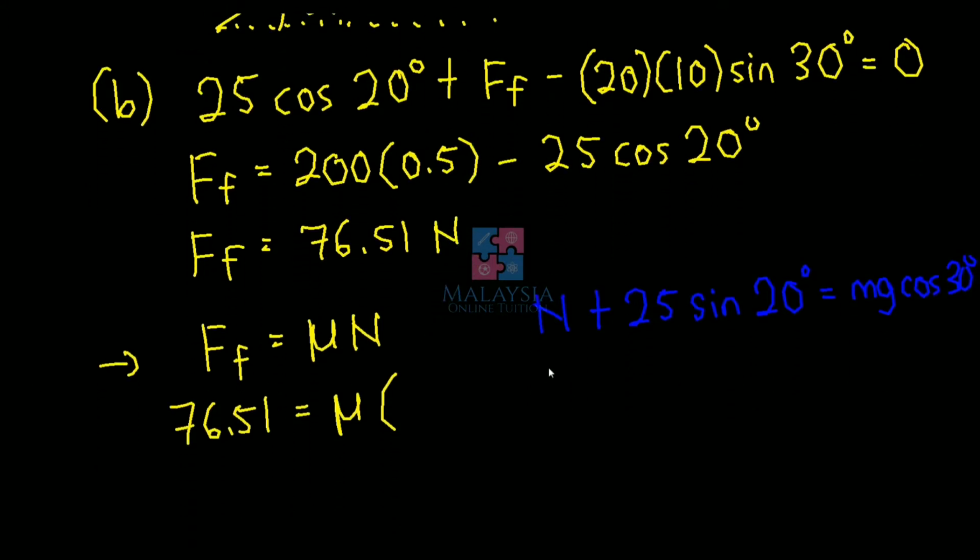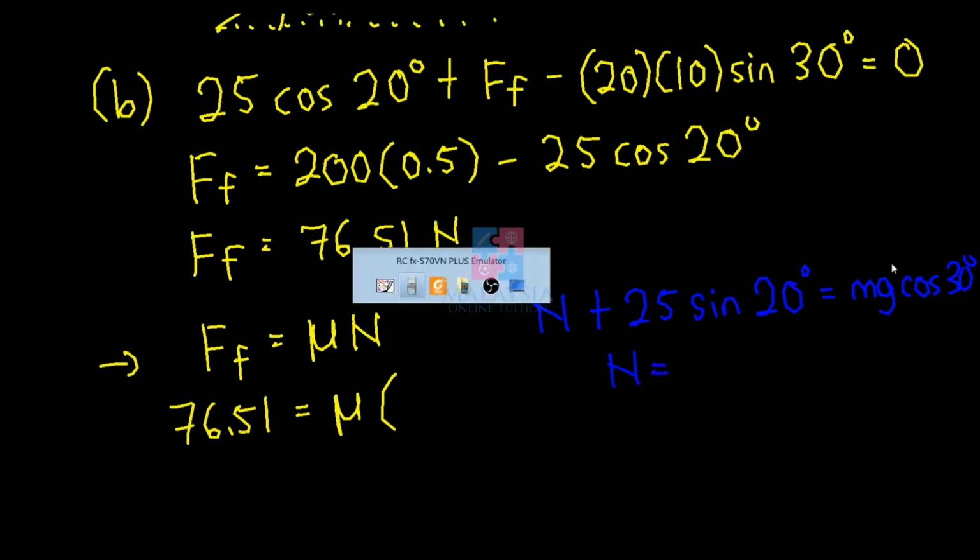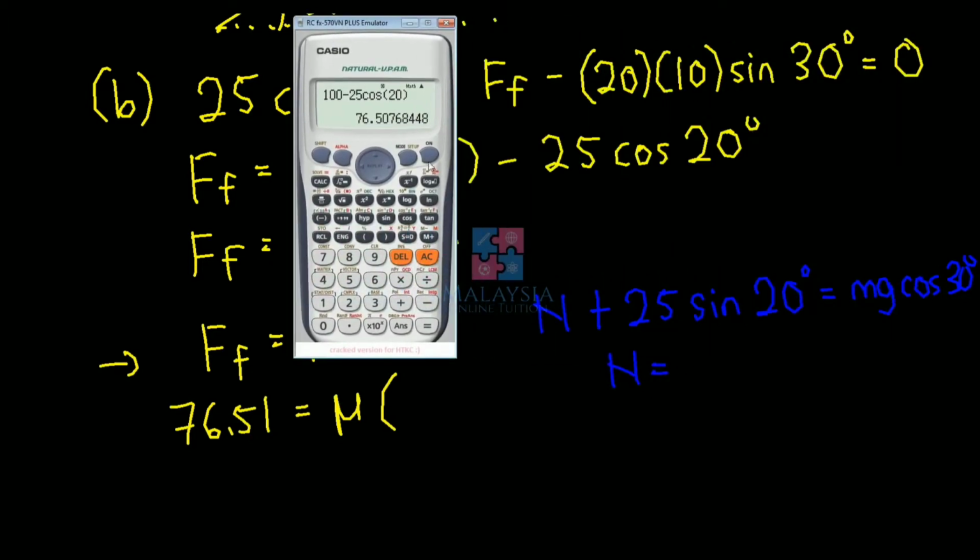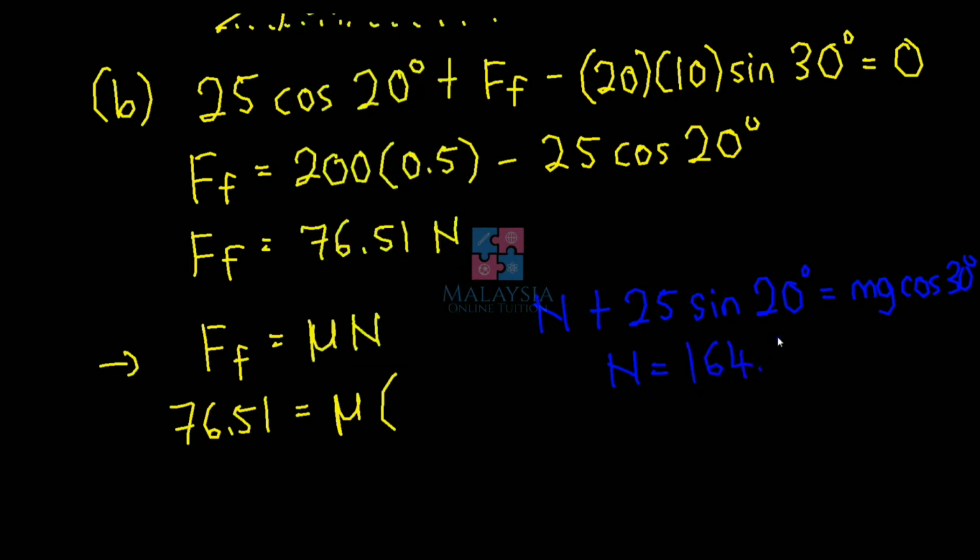Alright, so your n will then be mg cos 30, so that will be 200 cos 30, and then minus 25 sine 20, so that will be 164.65 Newton.